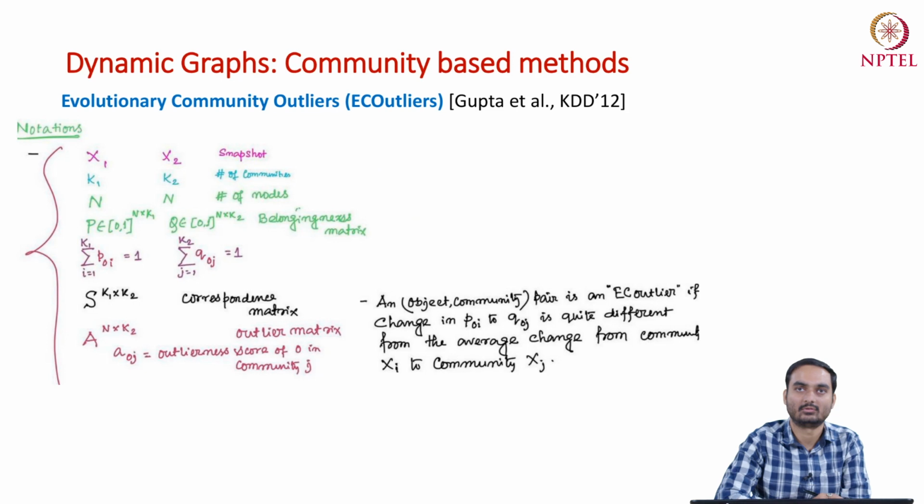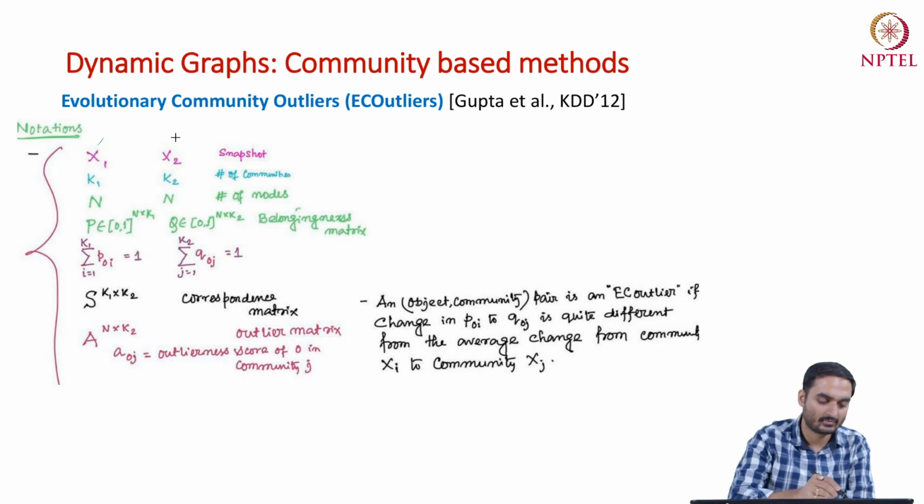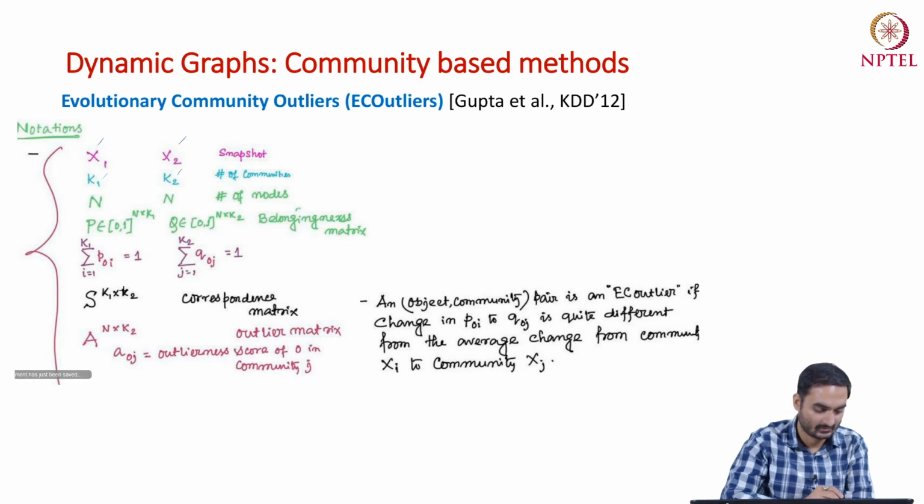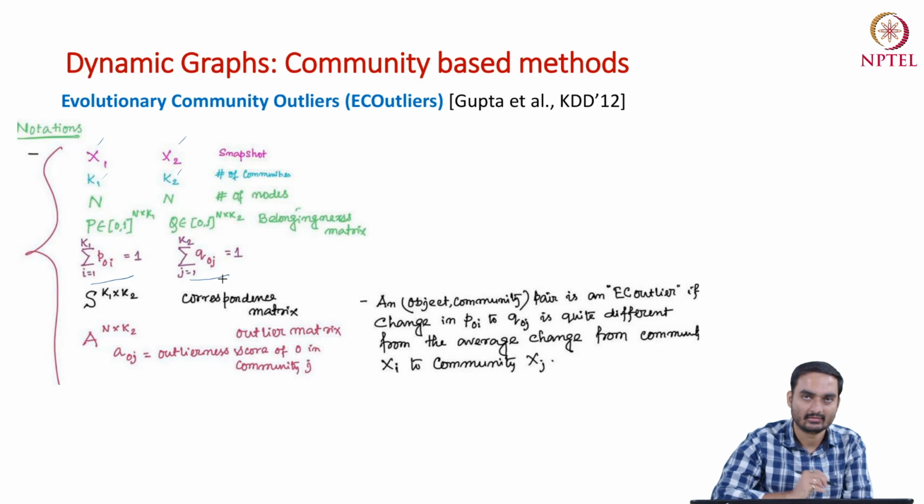Let us look at some other notations. X1, X2 are snapshots, K1, K2 are the number of communities in X1, X2 respectively. The total number of nodes is fixed, n. P and Q are the belongingness matrices. I already mentioned that the sum of each row should be 1.